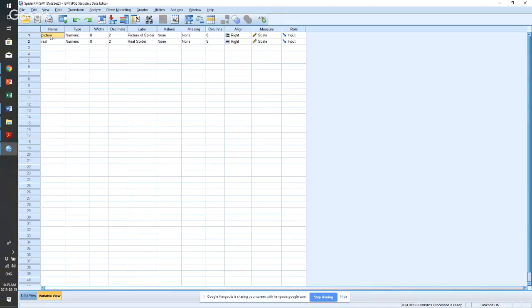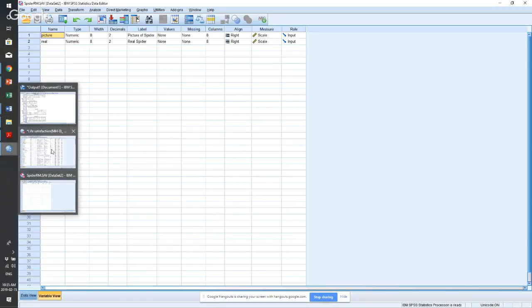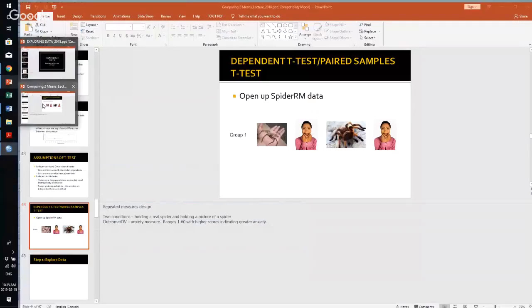Okay, very simple here. I'm making a silly example up. I don't know if I took this from the textbook, I can't remember.